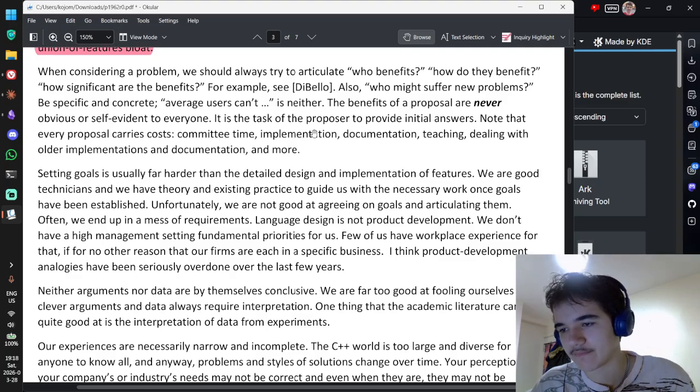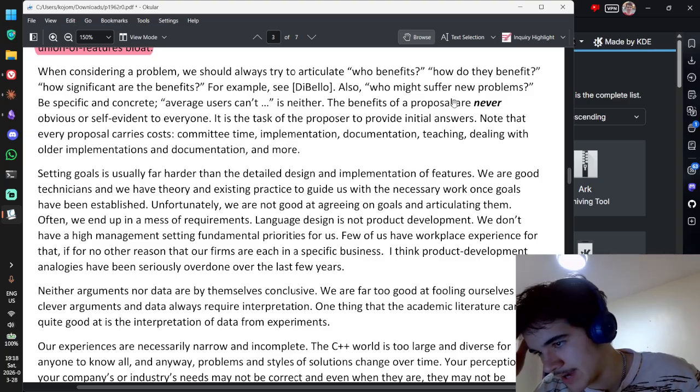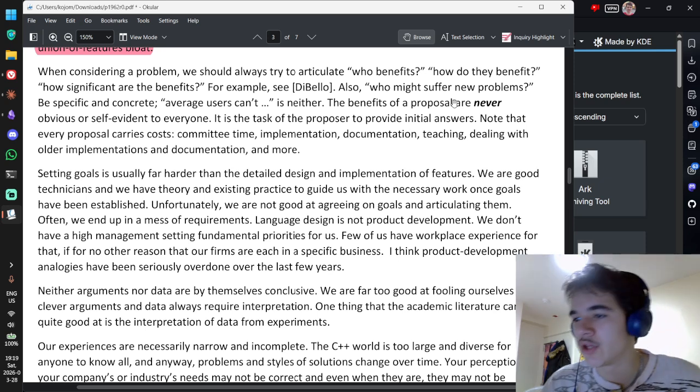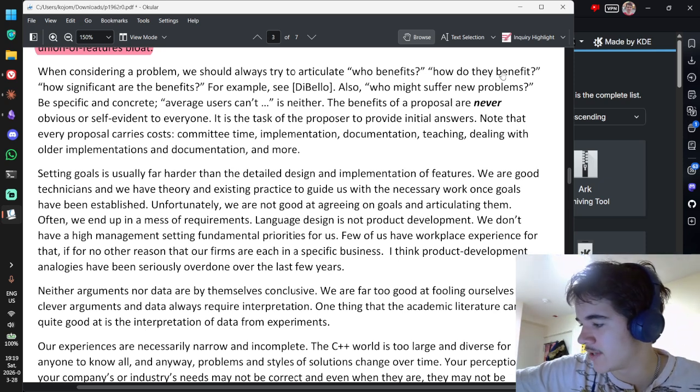Yep. It is a task of the proposer to provide initial answers. The benefits are never obvious or self-evident to everyone. Oh, okay, I see what it means. So although the benefits may seem obvious to you or a certain community, other people may not see the benefits so much. Is there an example of that?